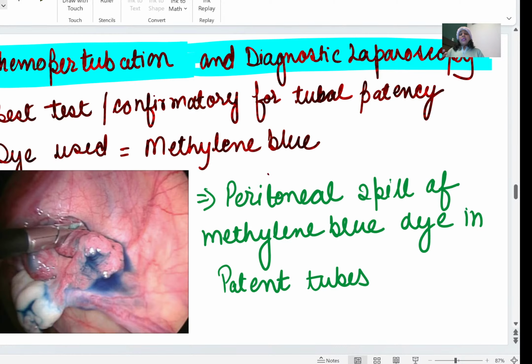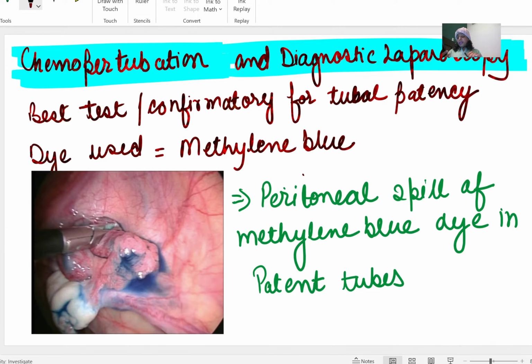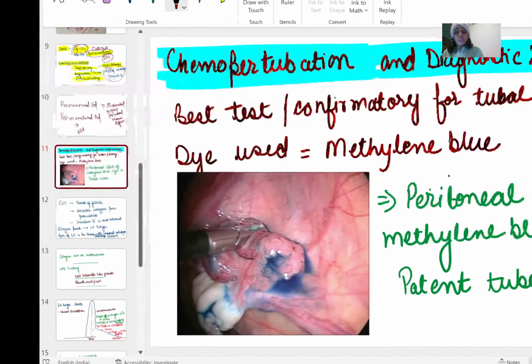Now let us do Dr. Medha's topic, chemoperturbation and diagnostic laparoscopy. In this, with the help of the same cannula, Leach-Wilkinson cannula, we put the methylene blue dye, and with the help of the laparoscope, we see whether the dye is coming out of the fimbria or not.